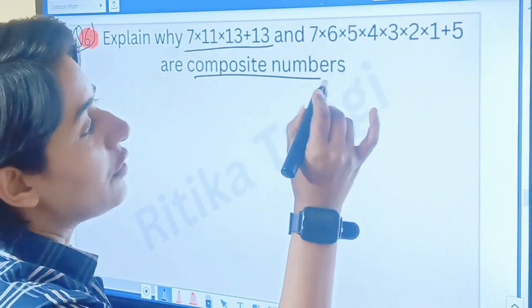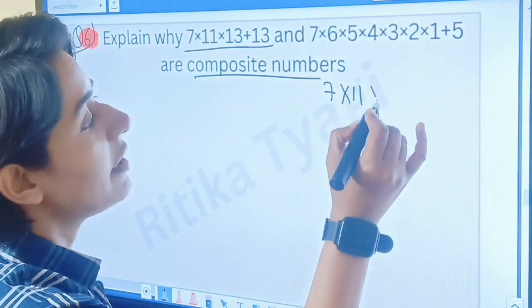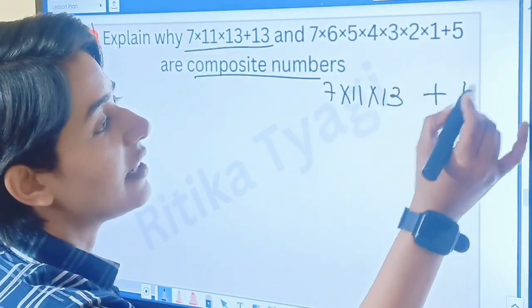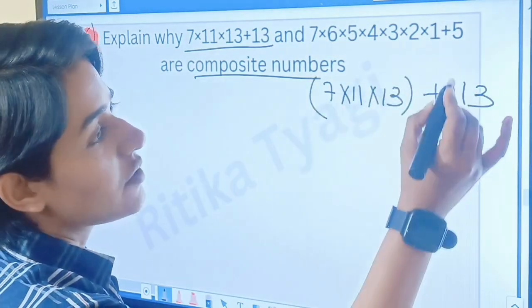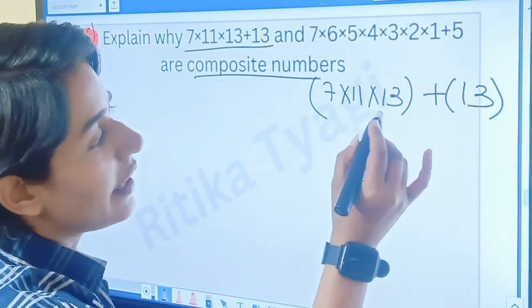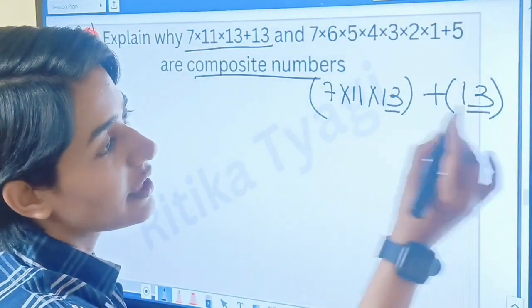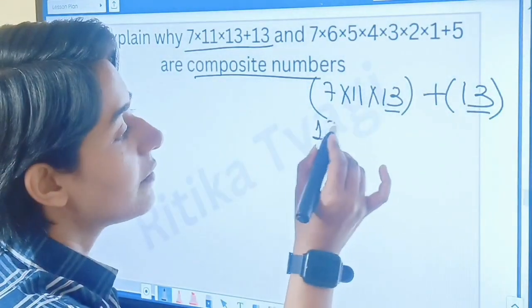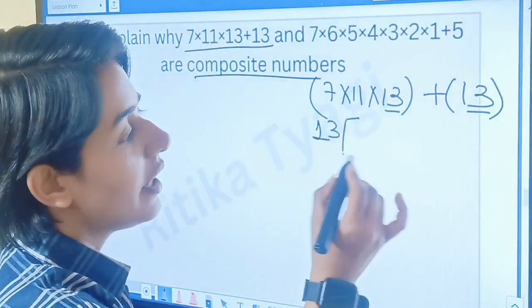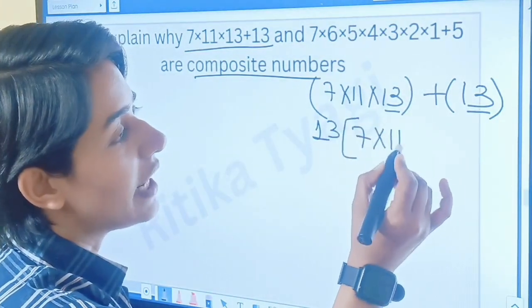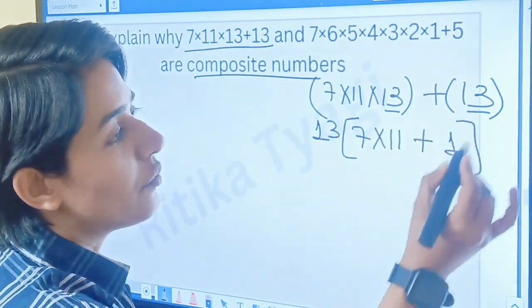Let us take the value 7 multiply 11 multiply 13 plus 13. Let us take the brackets. Here in this bracket 13, in this bracket also 13. So take 13 common and we get 7 multiply 11 plus 1.